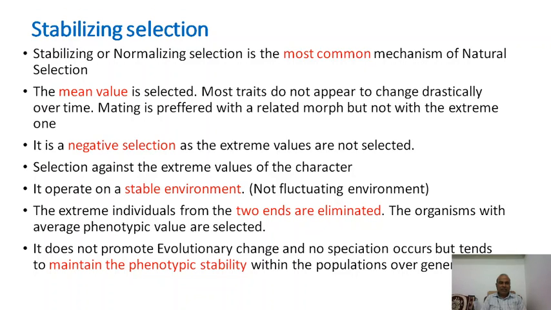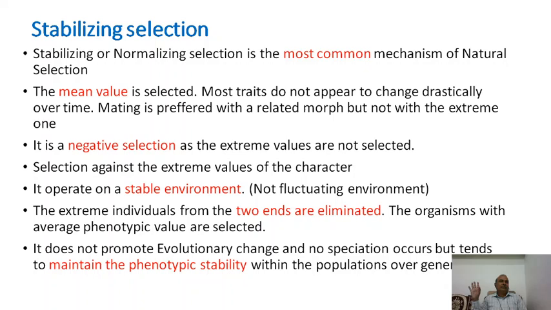Environment is homogeneous. Stabilizing selection, very interestingly, is actually a negative selection. Because here, according to Darwin, the extreme value would be the most fit value, winning the struggle, but extreme values are not selected at all.